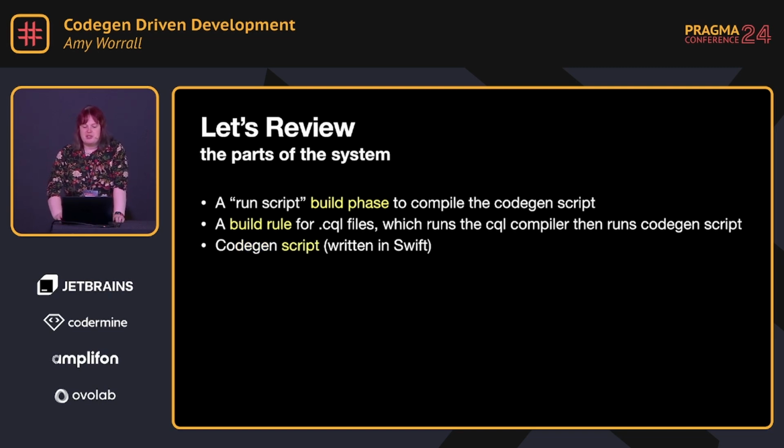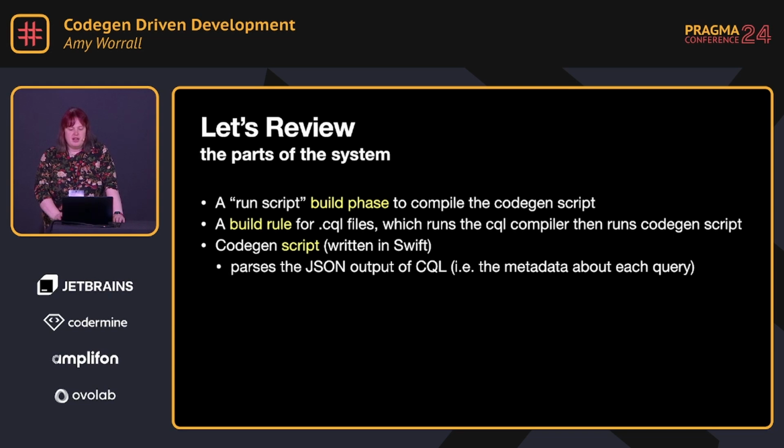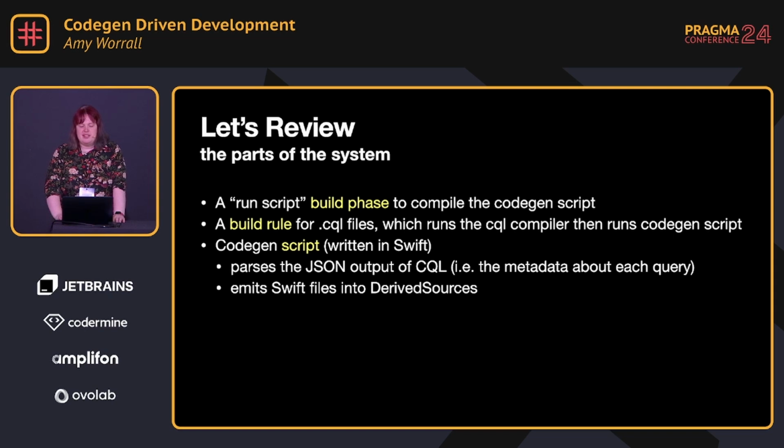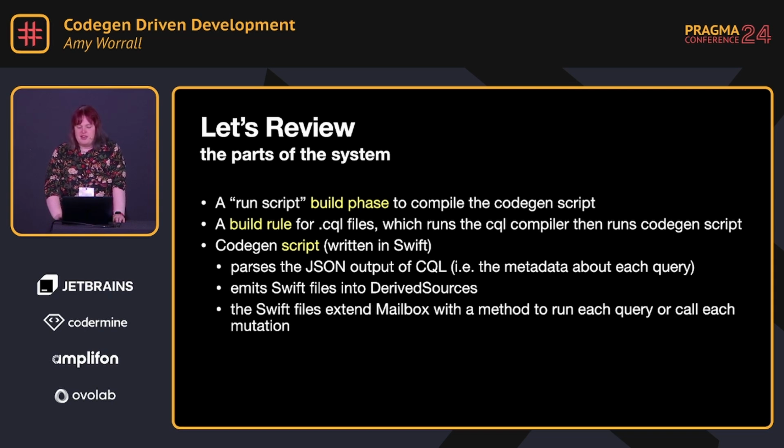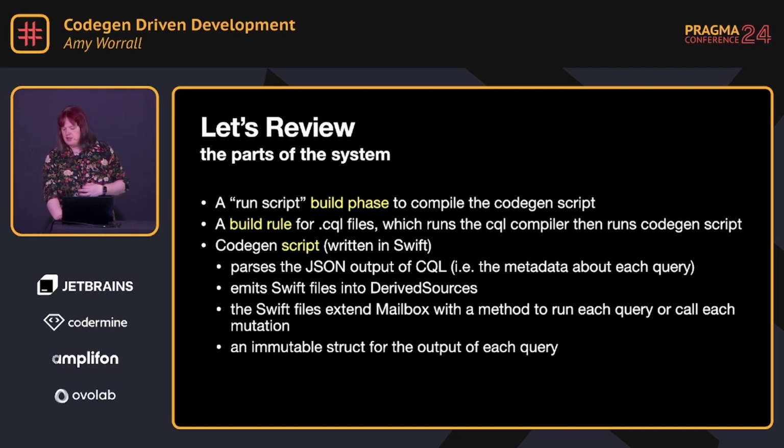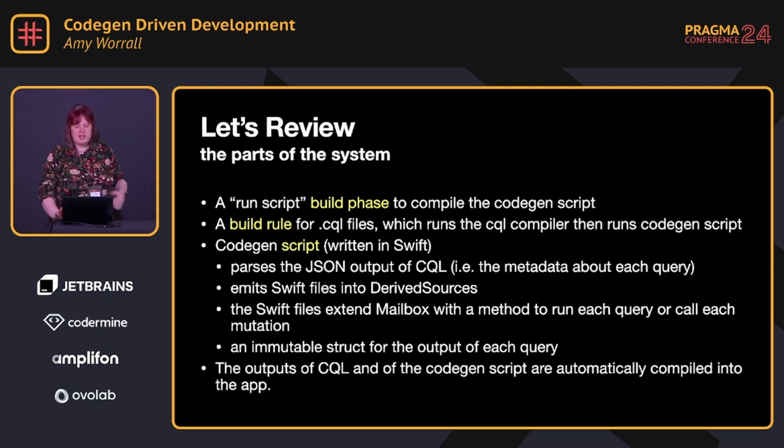And then inside the Codegen script, which is written in Swift, we parse the JSON output of CQL, and then we build and emit some Swift files into derived sources. The Swift files extend this mailbox object with a method to run each query or call each mutation. And we also build a struct for each row for the output of each query. And then the outputs of all of this stuff are compiled into the app.